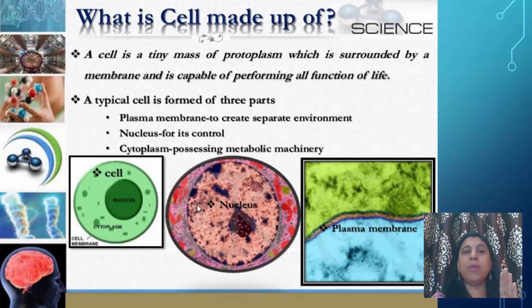There is a plasma membrane to create the separation of the outer environment, nucleus for its control, it is the control center of the cell, and cytoplasm possessing the metabolic machinery. Our cytoplasm consists of all the cell organelles. All the cell organelles are contained in the cytoplasm.